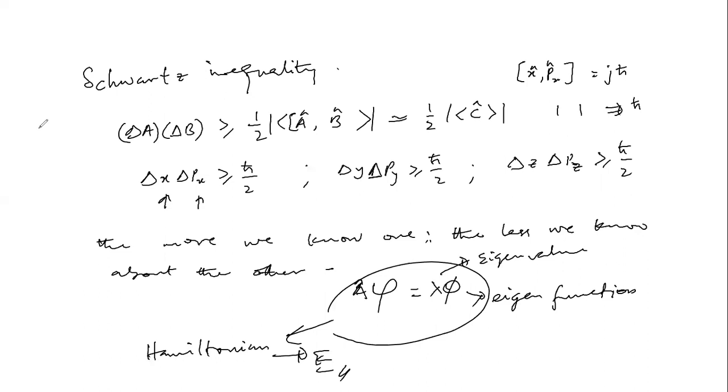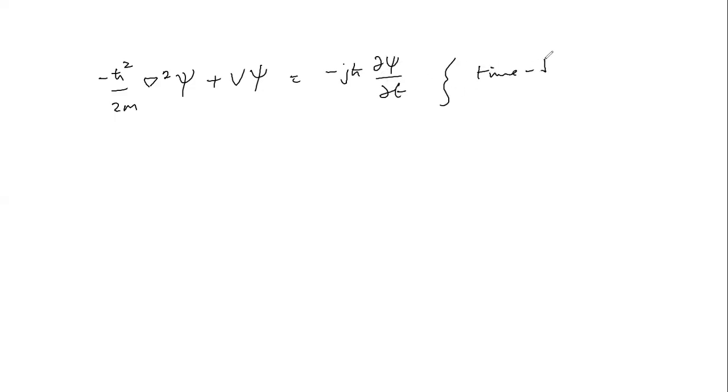And there, we showed the Schrodinger equation of motion to be given as minus h cross squared over 2m, then the Laplacian of psi, plus the potential energy operator times psi, being the same as j h cross d psi dt, which is the time-dependent Schrodinger equation.